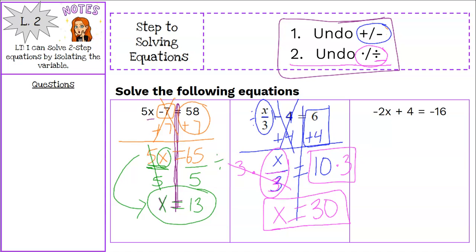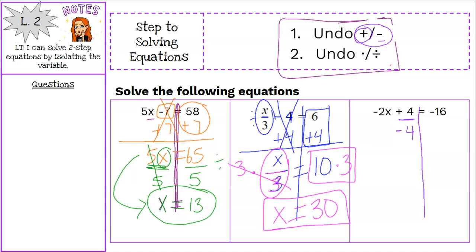Last example here, we have negative 2x plus 4 equals negative 16. Draw that line where our equal sign is, and then go back up to our steps. We have the first step, undo addition and subtraction. So do we have addition or do we have subtraction? I see this plus 4 right here, so I have addition, which means I'm going to undo it with the opposite, which is minus 4.